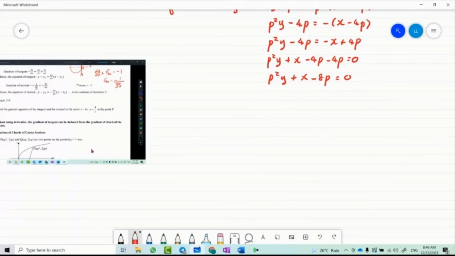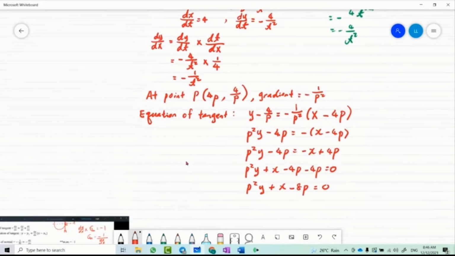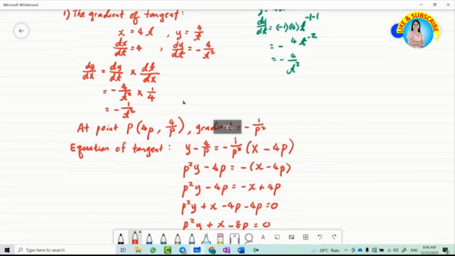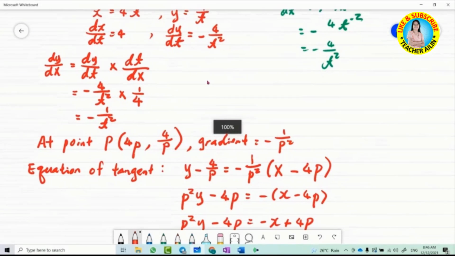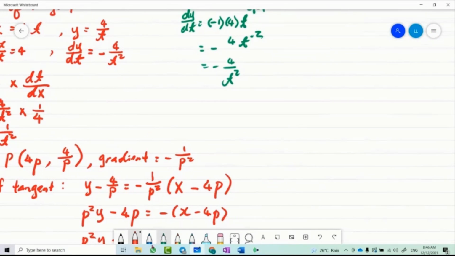Okay, now apa lagi? Kita nak buat normal. Okay. Macam mana nak tukar daripada gradient of tangent kepada gradient of normal? Okay. Gradient of tangent kalau dia adalah negatif 1 per t kuasa 2. Okay, this one is gradient of tangent.